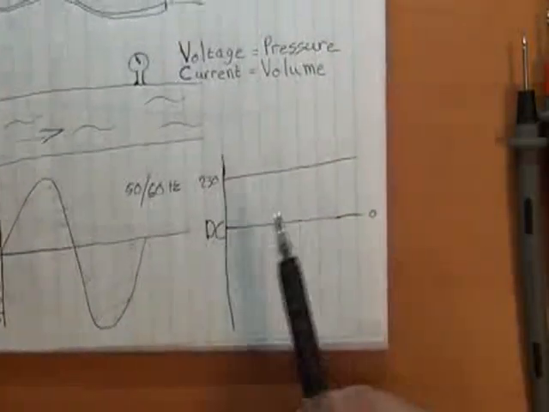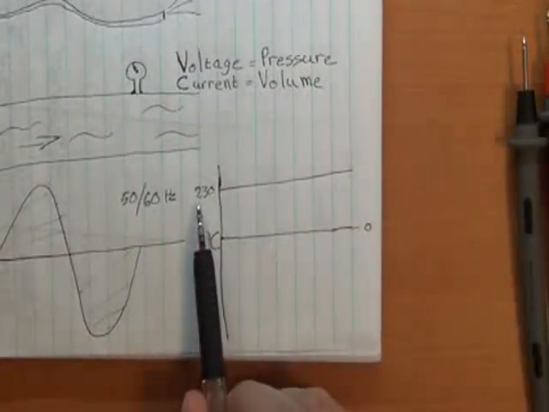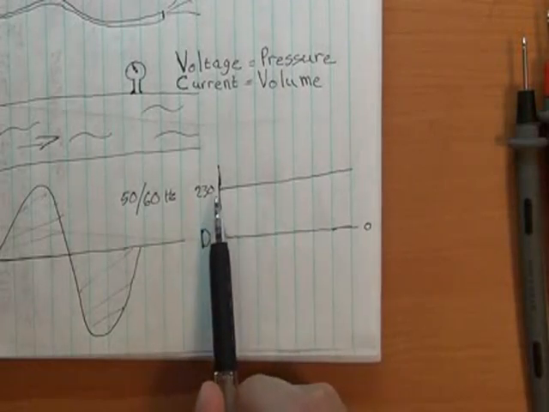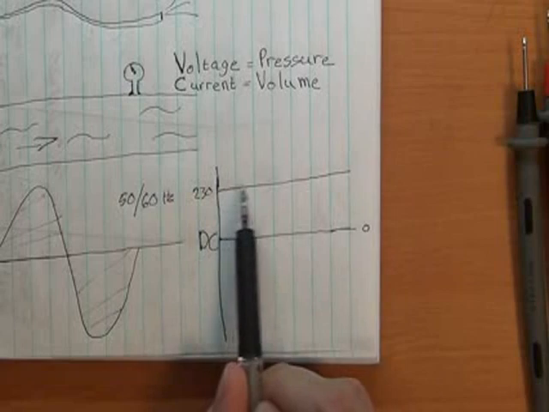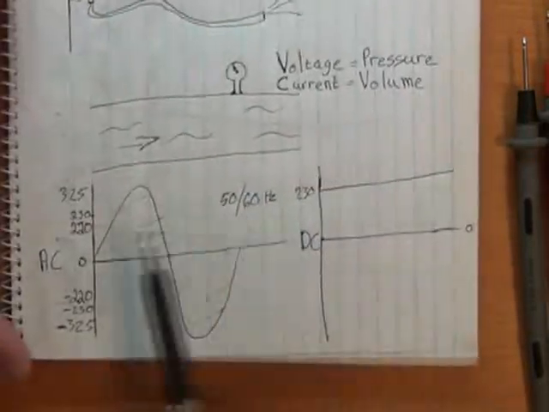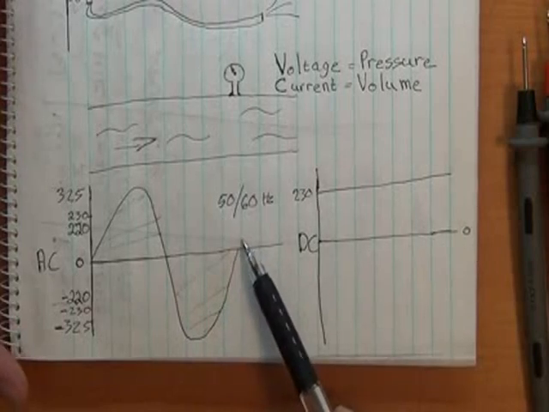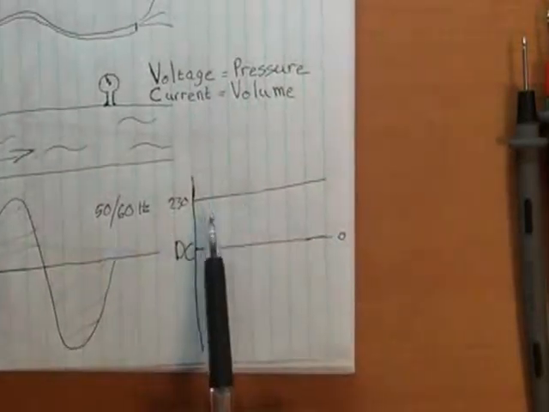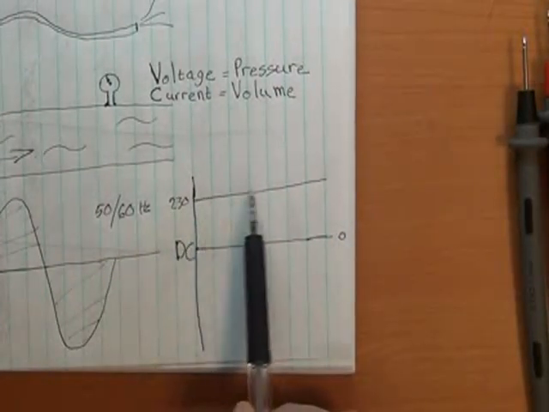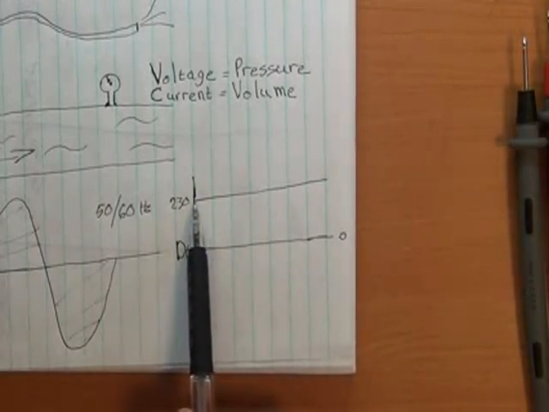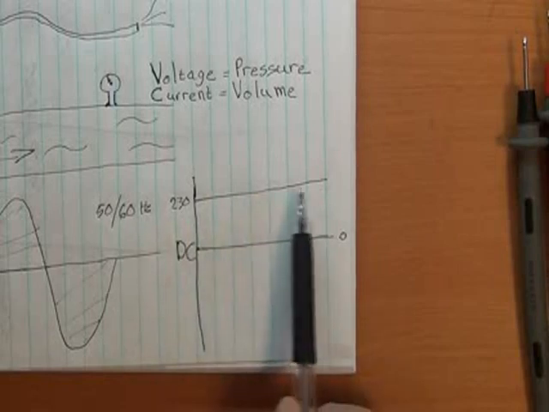So if we go to the DC side, let's say we had an equivalent DC voltage of 230 volts DC. It would look like this, and if you had this on an oscilloscope, that's what it would look like. On an oscilloscope you get a nice wave representing your AC over time, and on DC it would just be a flat straight line at your 230 mark, constantly on.